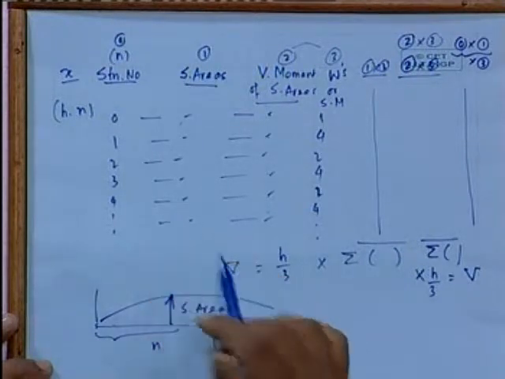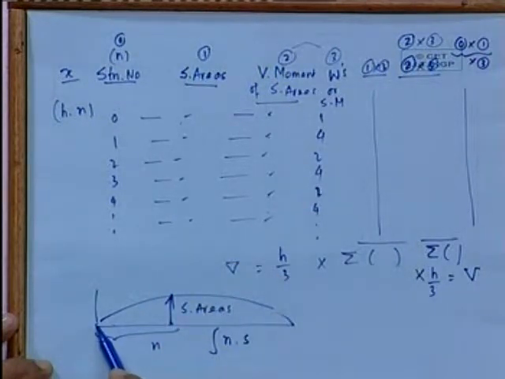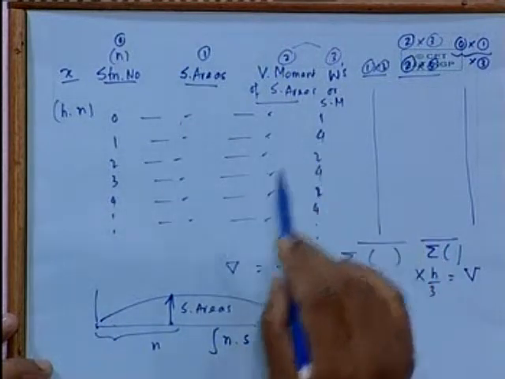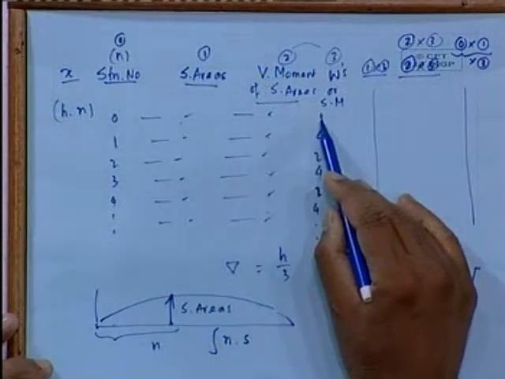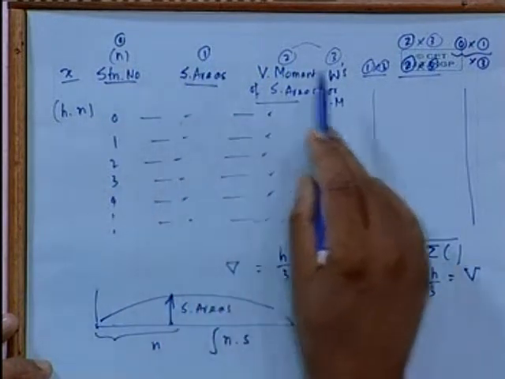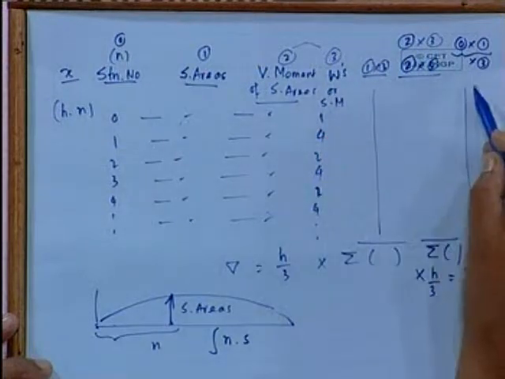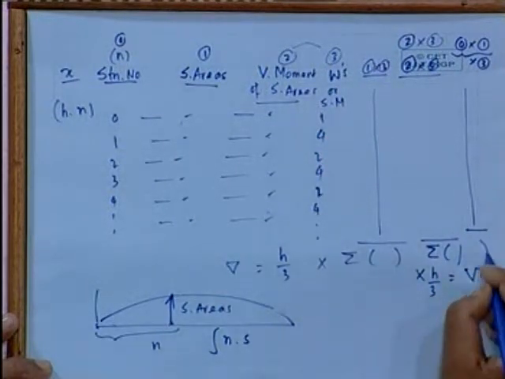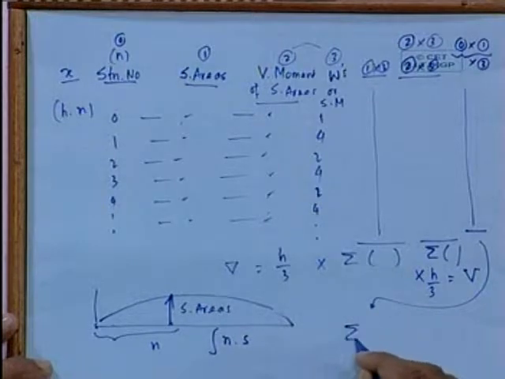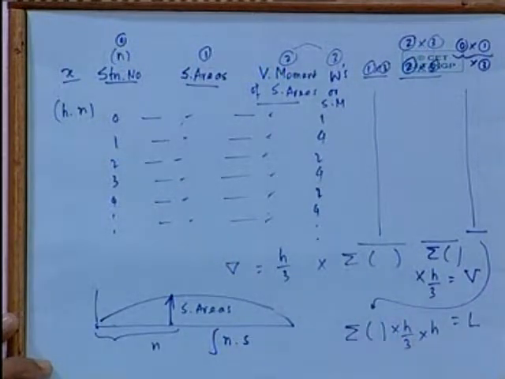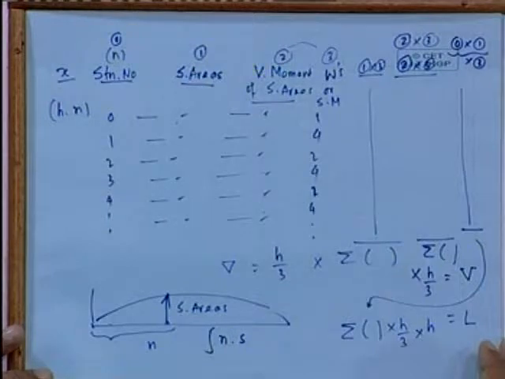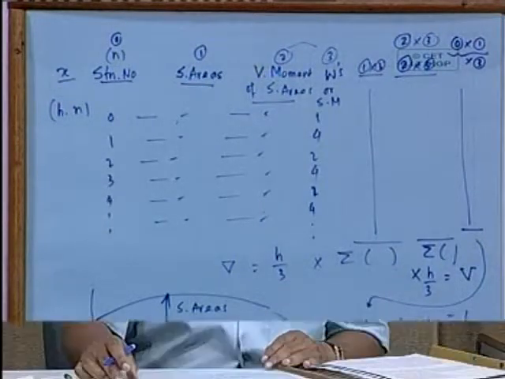So multiply section area with station number. That is the ordinate which I want to integrate, multiplied by the weight. That means 0 into 1 into 3 gives me this column. I Simpsonize that. Now when I Simpsonize that, remember this becomes this into H by 3, into one more H that comes in from here. That gives me my L. This is how I can carry out the calculation.